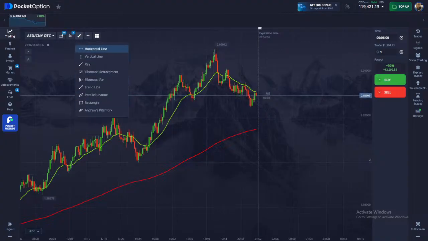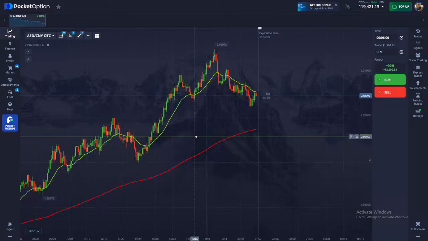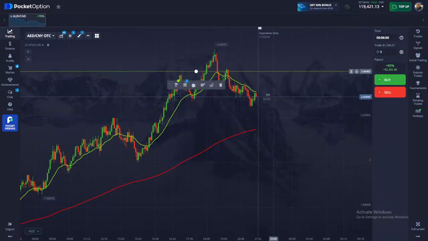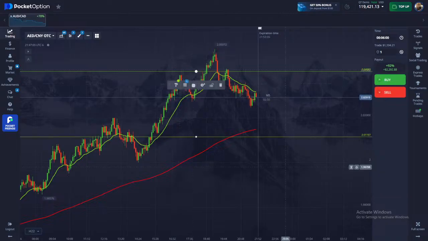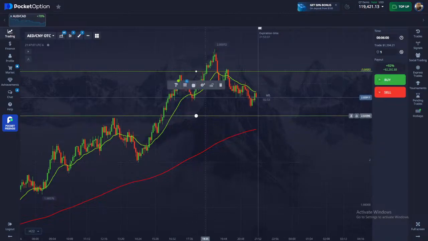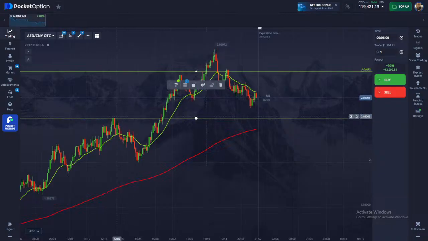For example, I got a round number here. It had a reaction. I have another round number here. It had another reaction. Over here in the back, it rejected and then went back up. But why did it go back up? It's very simple. There's another round number here.